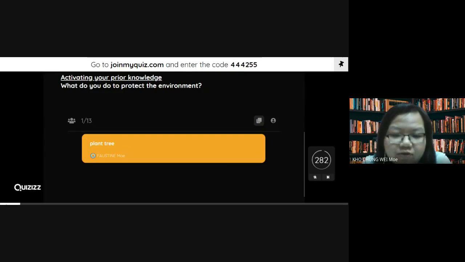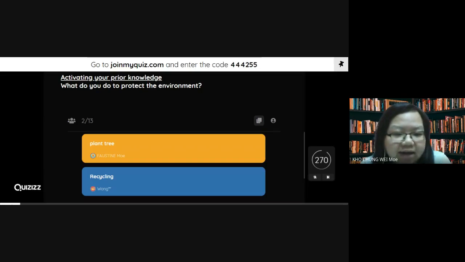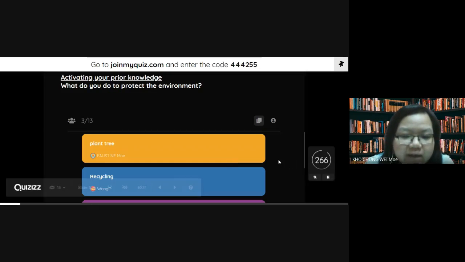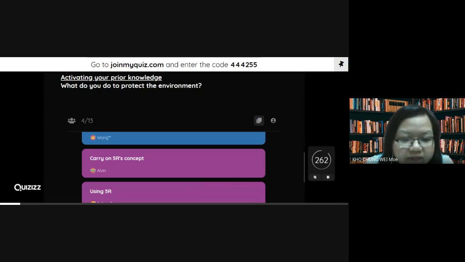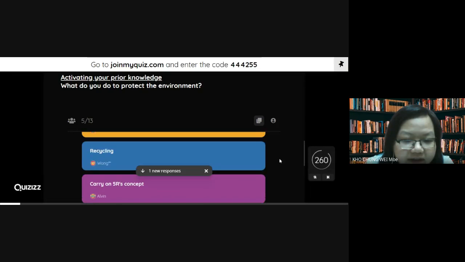Plant trees, Faustin said, very good. What else can you do apart from planting trees? Try to think of an idea that your friend has not put up. Yining said recycling, good. Felicia, can you explain what are the 5R?